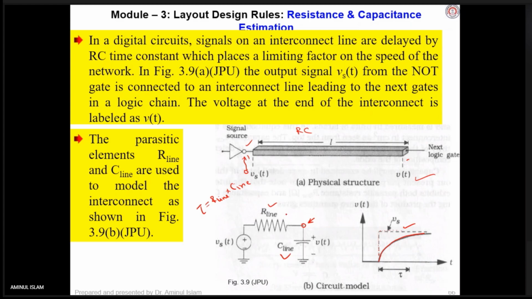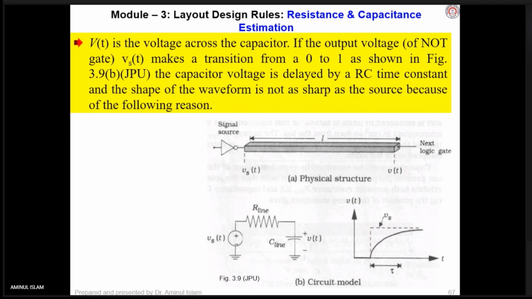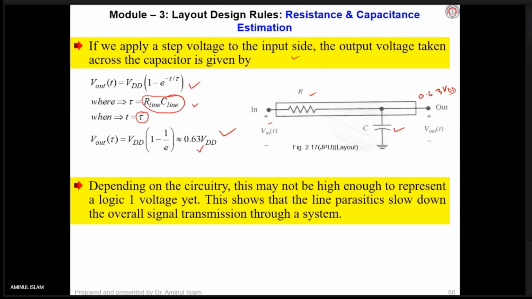R line as well as C line. Same thing, if we apply a step voltage to the input side, the output voltage taken across the capacitor is given by V out of t equals to VDD into 1 minus e to the power minus t by tau, where tau is the RC time constant.